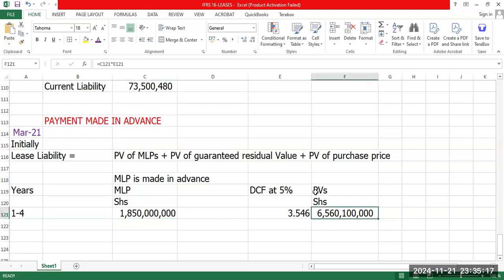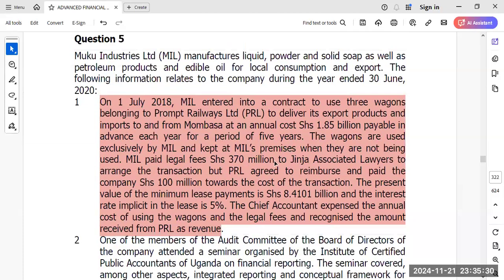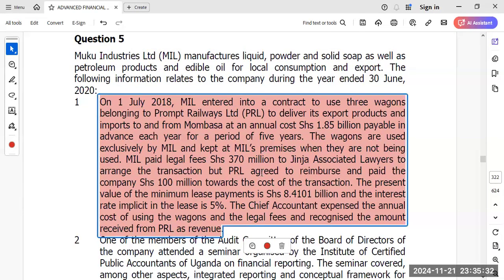So you see, colleagues, this present value of lease liability is different from the present value given in the question. The present value given in the question is 8.401. It means that they also considered the 1.85, which was paid in year 0, which is wrong.